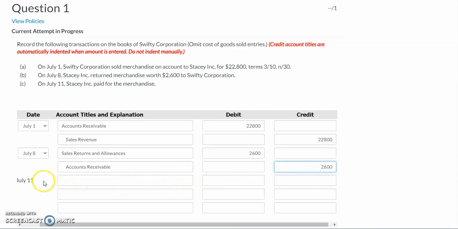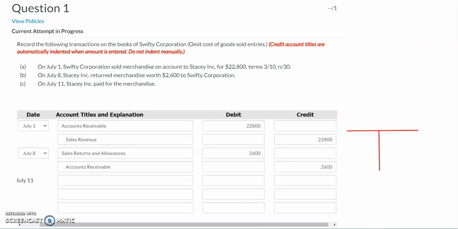The next part of the problem occurs on July 11th, and the customer, Stacy Inc., paid for the merchandise. So they paid for that merchandise in full. And one thing that is helpful for a problem like this is to keep track of our accounts receivable account.